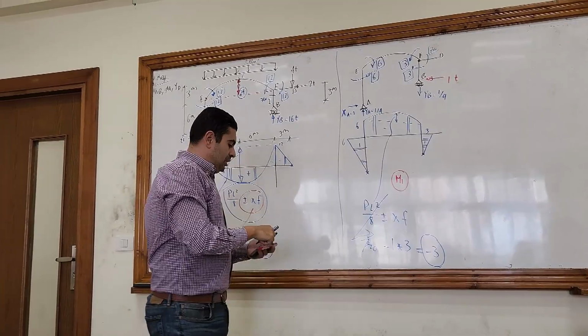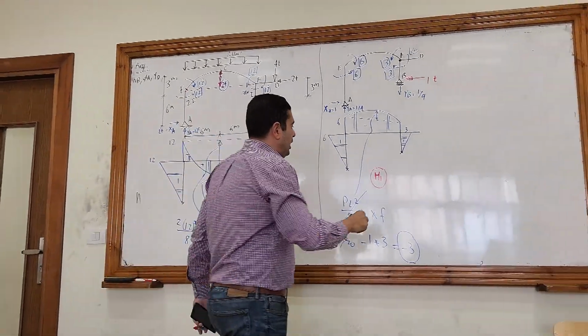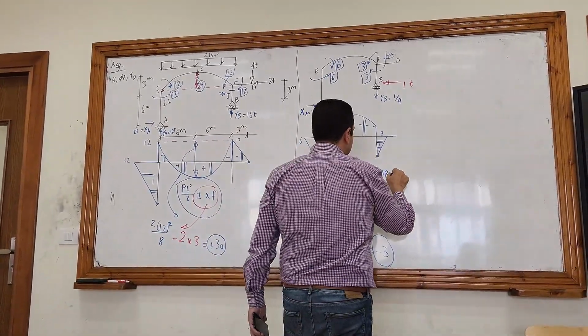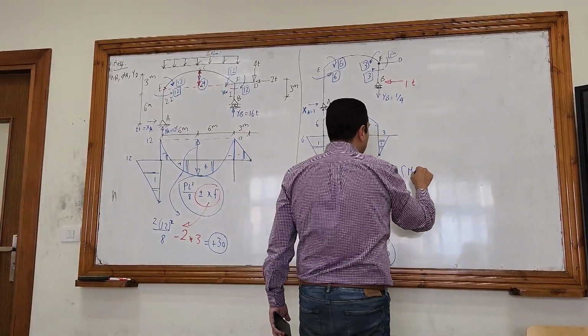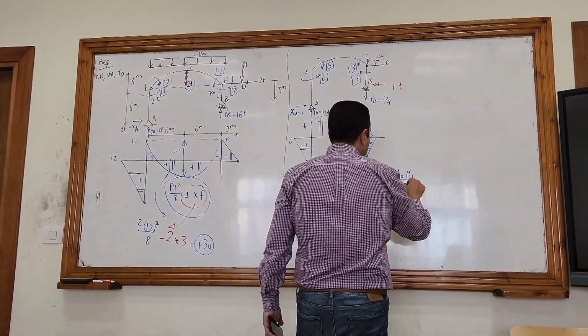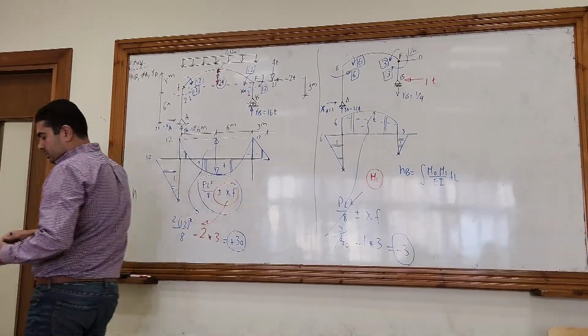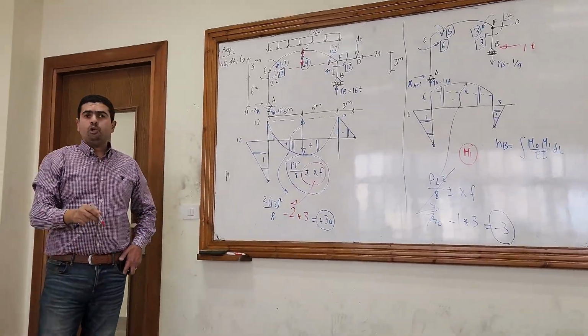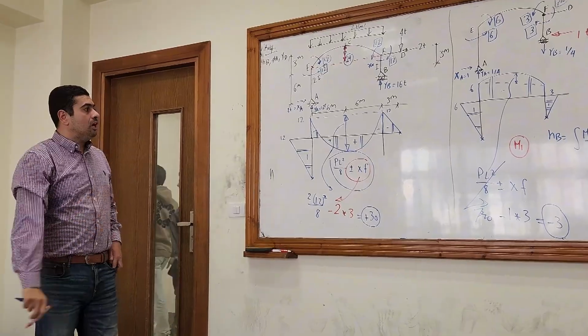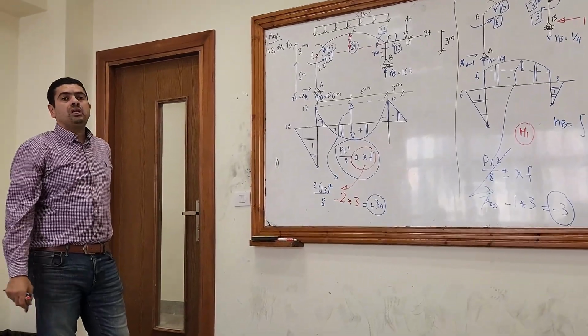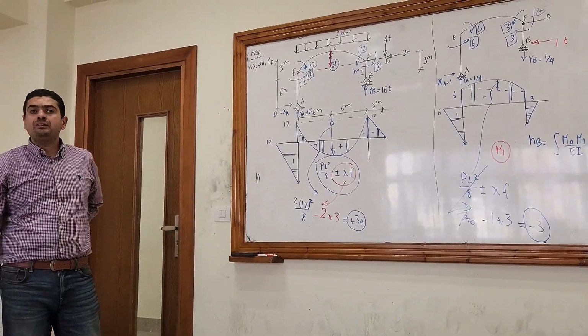What about the value of HB? HB will be equals to the integration of M node with M1 over DI. Let's do the integration, but without doing the workout, just the diagrams. How many members will be included in the integration?